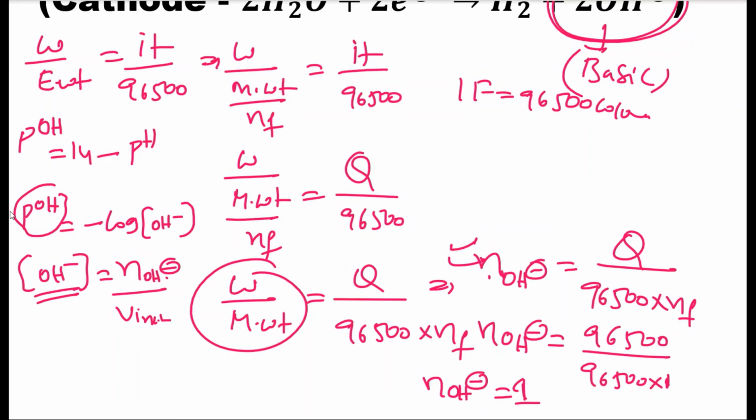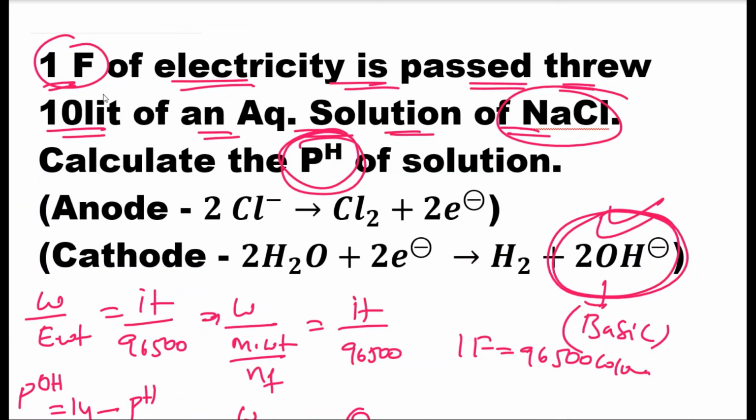Then how much volume is given? 10 liters. Then OH minus concentration is equal to 1, the number of moles of OH minus, by the volume already given, 10 liters.